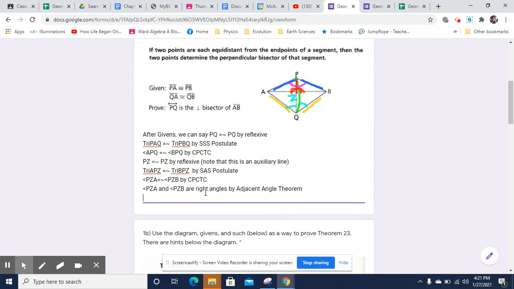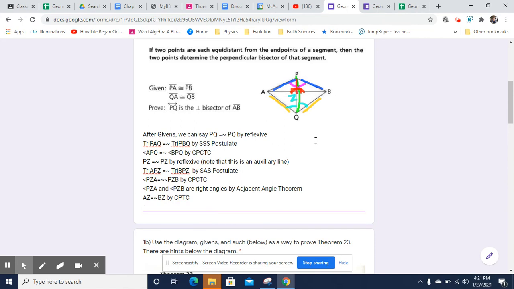So now there's one or two more things. We need to prove that AZ and BZ are congruent. We have to state that. So AZ is congruent to BZ by CPCTC, of course. And then we can say, oops, I left out a C in there.